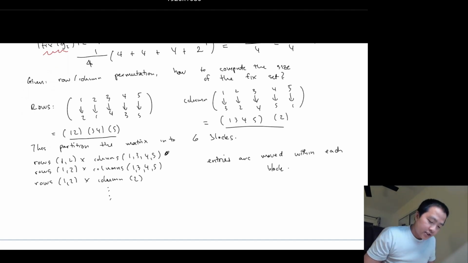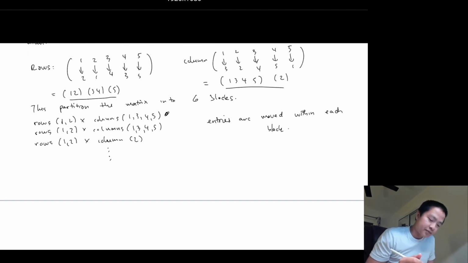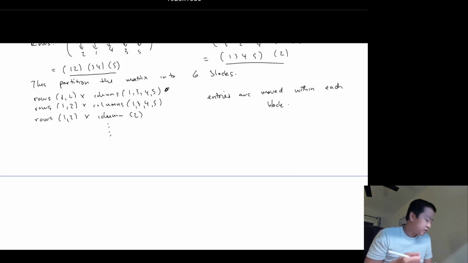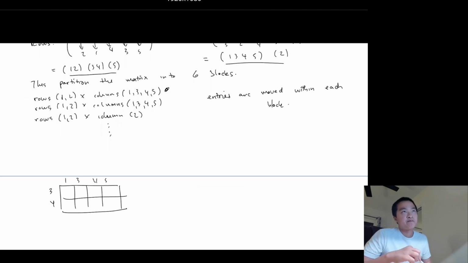Now let's consider a specific block, say columns 1, 3, 4, and 5, and rows 3 and 4. Let's look at this entry here.